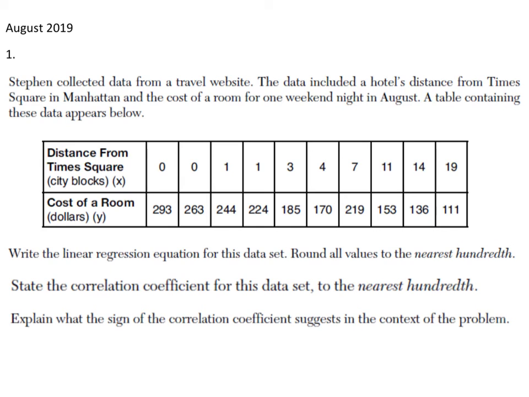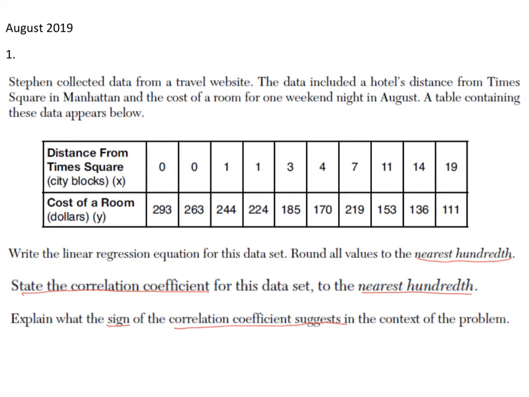State the linear regression equation for this data set. Round all your values to the nearest hundredth. State the correlation coefficient for this data set, and then round it off to the nearest hundredth. Explain what the sign of the correlation coefficient suggests in the context of the problem.